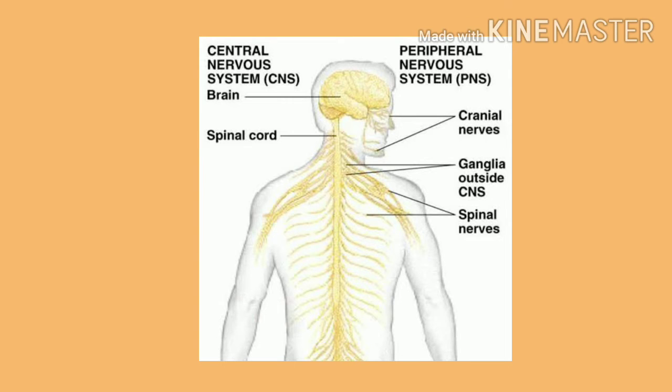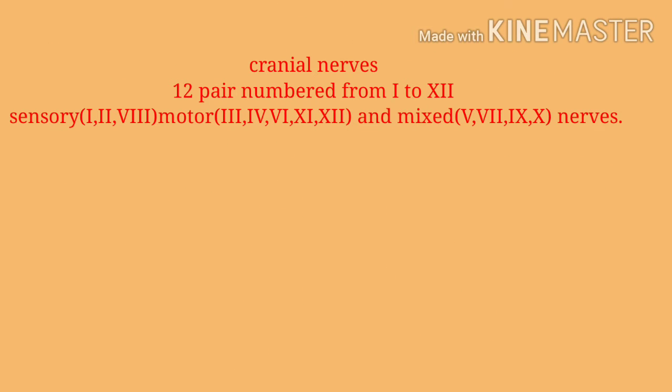is cranial nerves, which are connected to the brain, and spinal nerves, which are connected to the spinal cord. When we look at the cranial nerves, there are 12 pairs, numbered from 1st to 12th, and they are divided into three types of neuron, that is sensory neuron, motor neuron and mixed neuron.